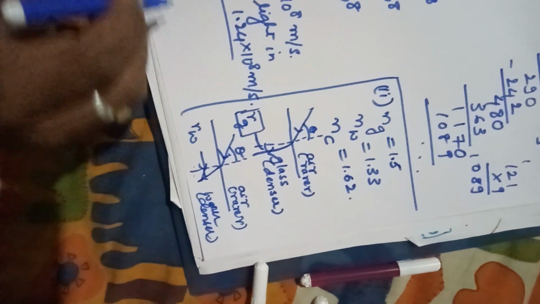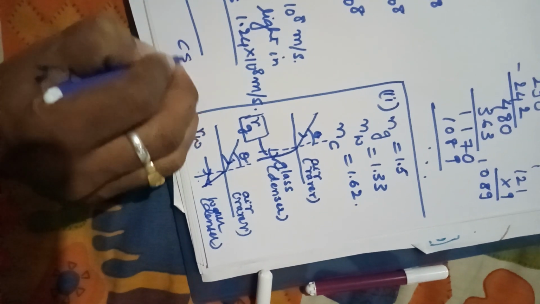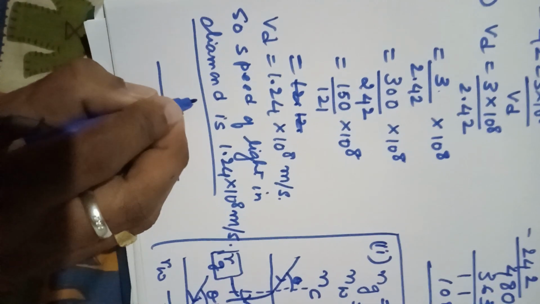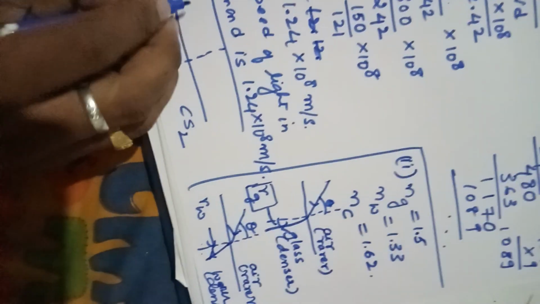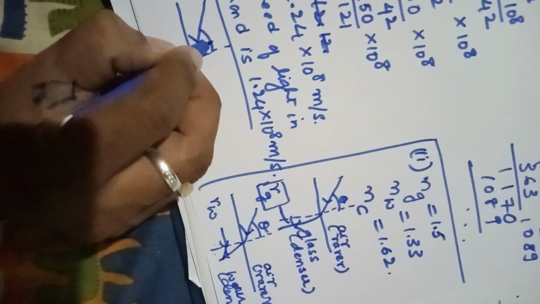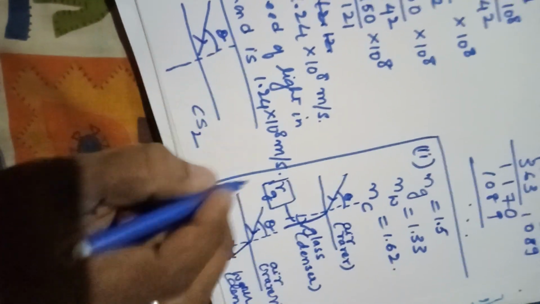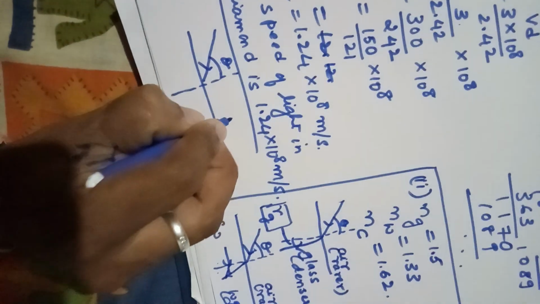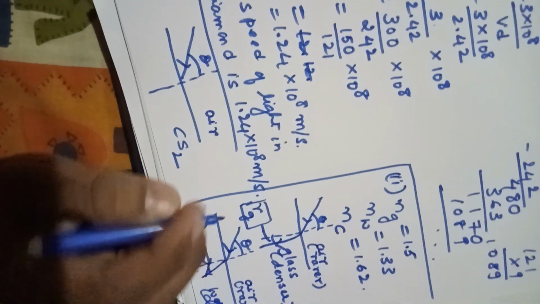What is the last medium? The last medium is carbon disulfide. So let's again draw the normal here. This is the incident ray. As per the question, the angle of incidence should remain same in all the three media, so I'm assuming it as theta. The medium here is air.